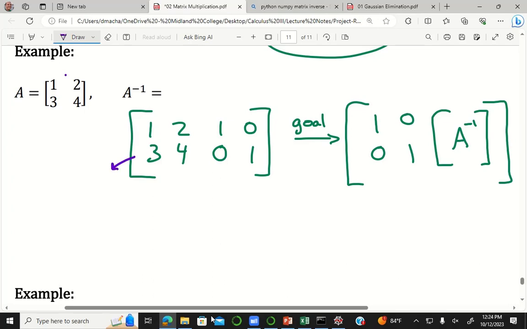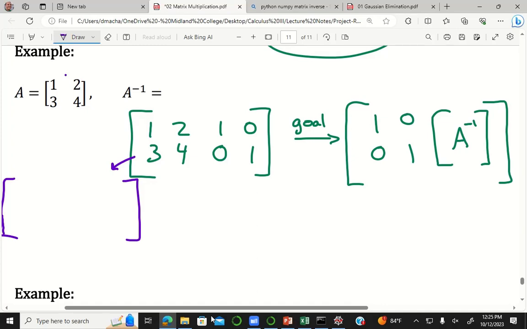So, I already have a 1 in the top left corner, which is nice. Now I want the 3 to be a 0. To make the 3 a 0, I'm going to subtract the first row from the second row 3 times.